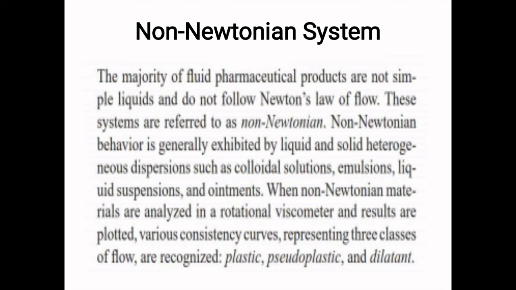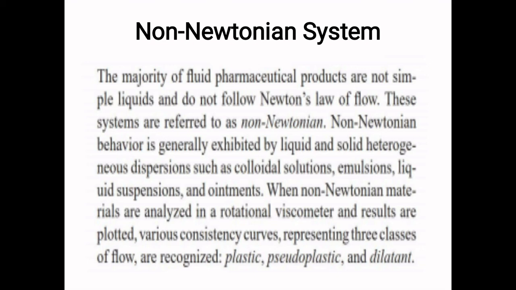In spite of that, it is finally distributed all over the solvent. So the example of heterogeneous system is suspension, emulsion, colloidal dispersion, ointment, cream. So these are the heterogeneous system and they do not follow the Newton's law. That's why they are mainly called non-Newtonian system or non-Newtonian fluid.